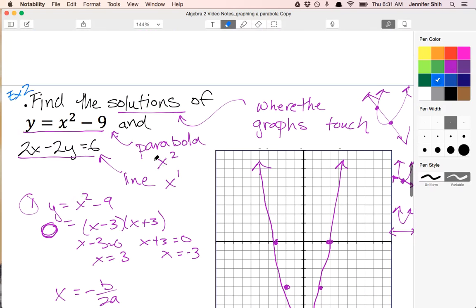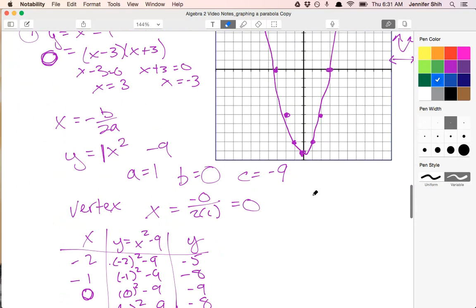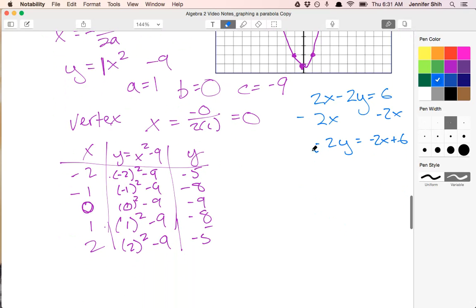and now we need to graph the line to find the solutions. So I'm going to rewrite 2x minus 2y equals 6 as a line in slope-intercept form because I know how to graph lines in slope-intercept form. I'm going to isolate y. And now I have negative 2y, so to undo negative 2y, I'm going to divide by negative 2.